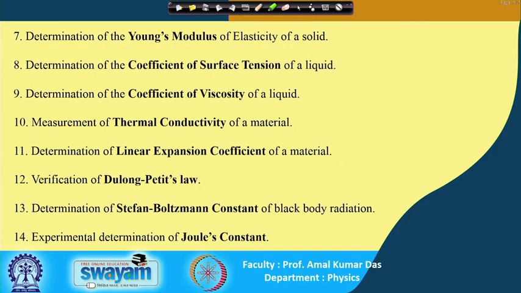Then next 12th experiment, the verification of Dulong-Petit's law. Okay. So, this is a specific heat related experiment. So, for this we will discuss, and then determination of the Stefan-Boltzmann constant of black body radiation.